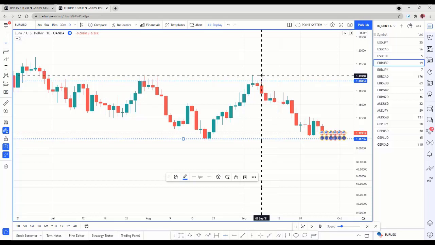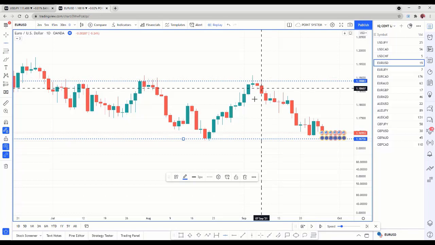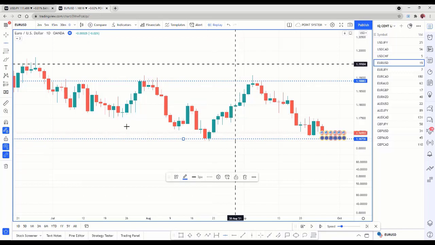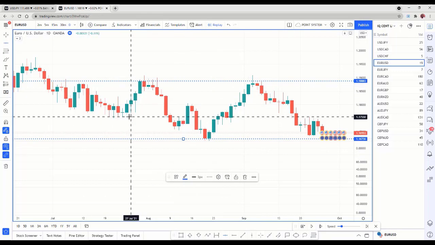Okay, now simply put, you will see your support, but you may need some other factors to get into the market. Okay, now basically when I talk about confluence, I'm looking at what is happening around price action.